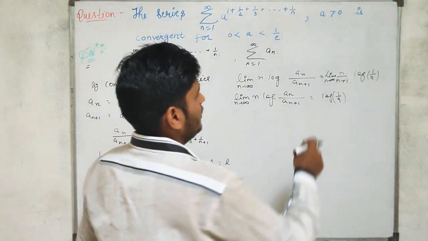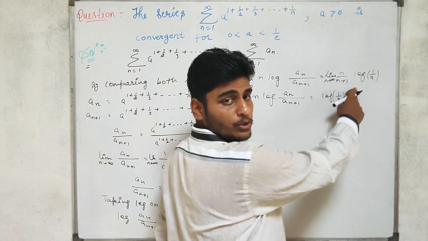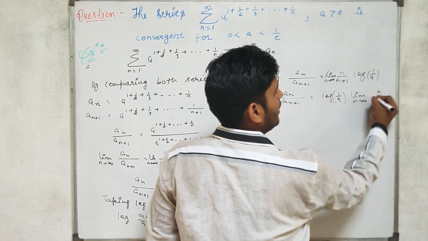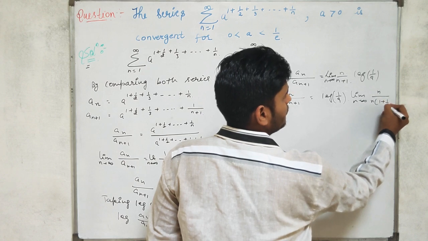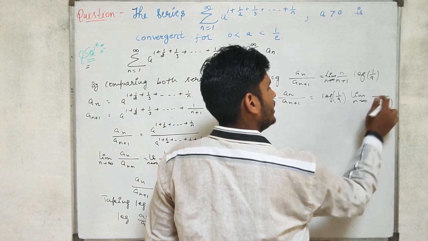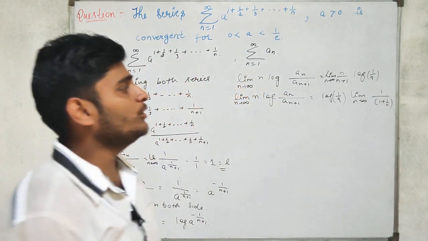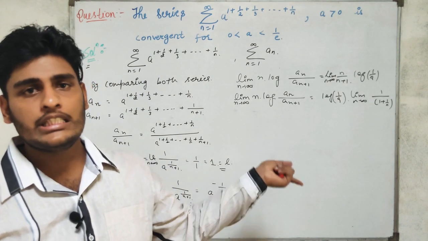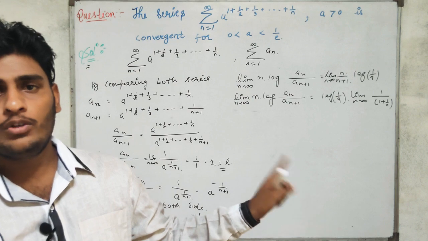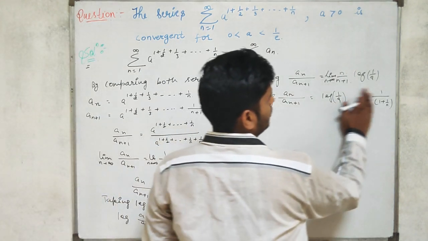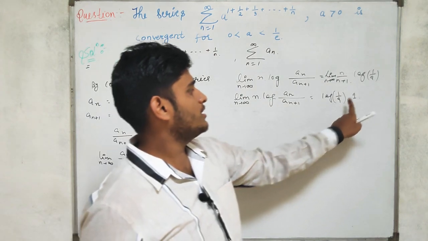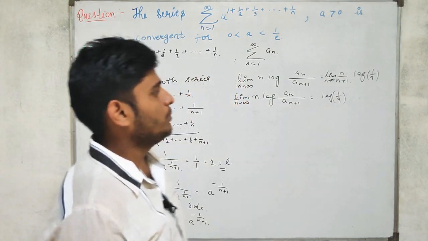How? If we take n common, limit n tends to infinity of n upon n into 1 plus 1 by n, the n cancels out, and as n goes to infinity, it's 1 upon 1 plus 1 by infinity, which is 0, so 1 by 1 plus 0, 1 by 1 is equal to 1. So this quantity becomes 1, and 1 into this becomes log of 1 by a.